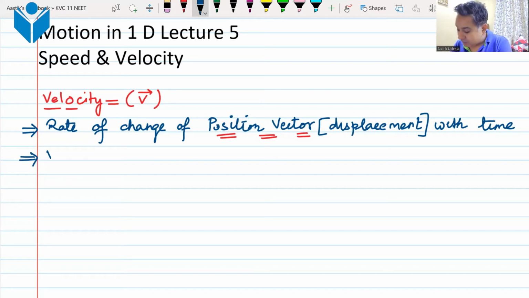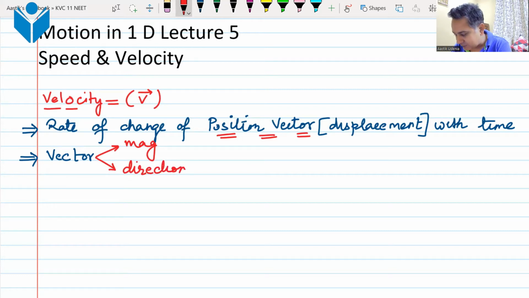Great. What type of quantity is velocity? Velocity is a vector quantity. So it consists of two parts: a magnitude part and a direction part. Magnitude and direction, two parts.